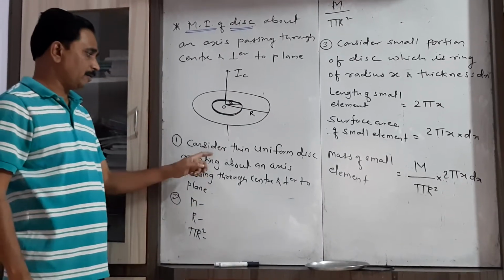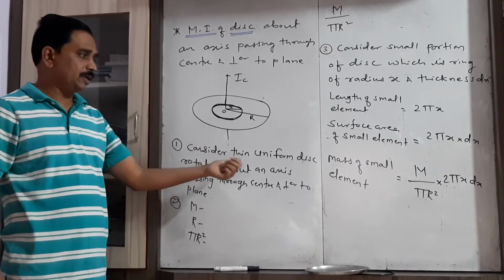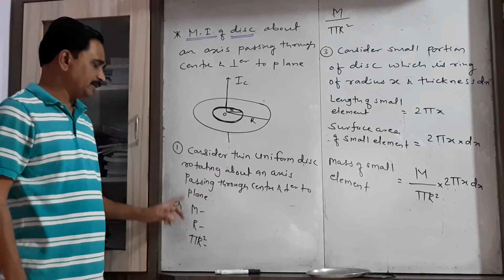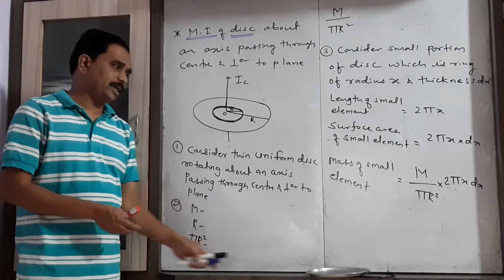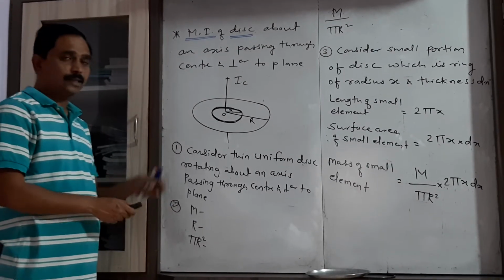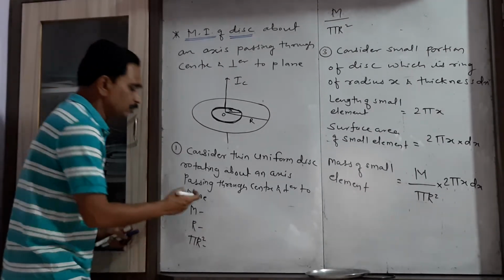So first point of consideration is, consider the thin uniform disc rotating about an axis passing through the center and perpendicular to the plane. Now you have to consider again the various parameters of that disc.